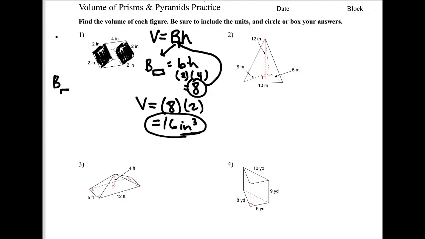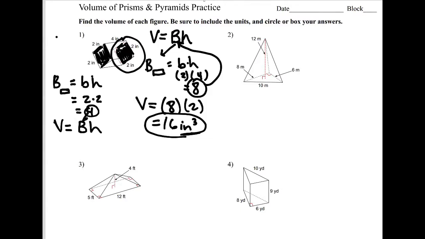No matter what, it's still a rectangle. Excuse me, it's a square. That is not right. A square is a rectangle, so it's still going to be the same formula to find the area of that shaded region. So it's still going to be little b times H, which, if you just look at that shaded region, is equal to 2 times 2. Well, 2 times 2 is 4. So in that situation, our big B would equal 4.